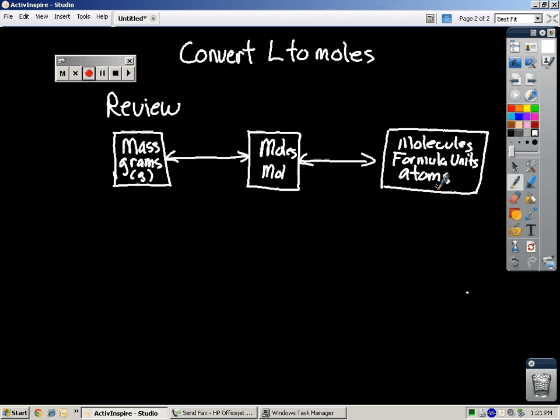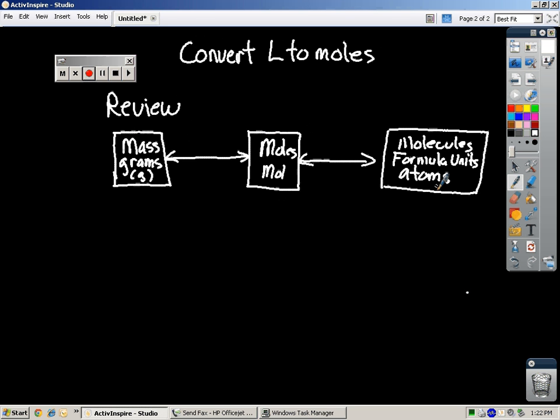Okay, so you can convert it to many different things. In this situation, you can convert it to molecules, formula units, or atoms. It's basically the same procedure that you do each and every time. I've got to start writing a little bit better. I was getting kind of sloppy.